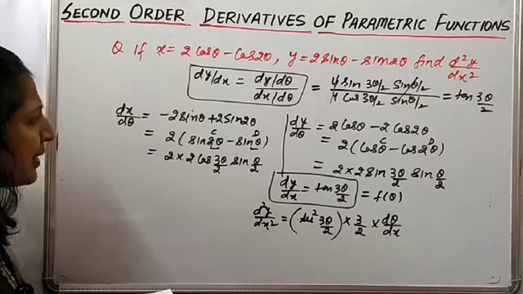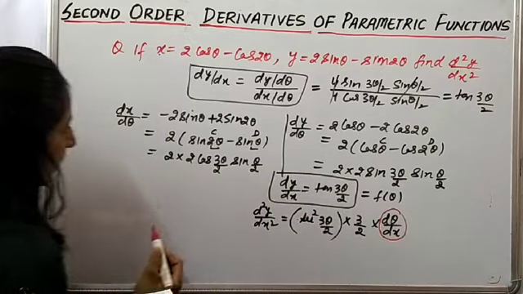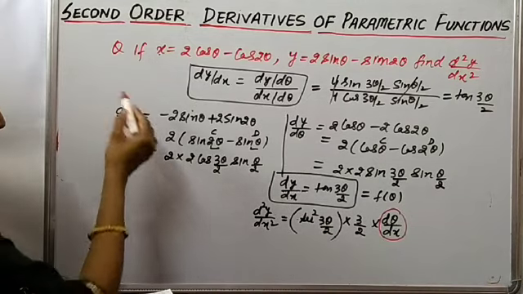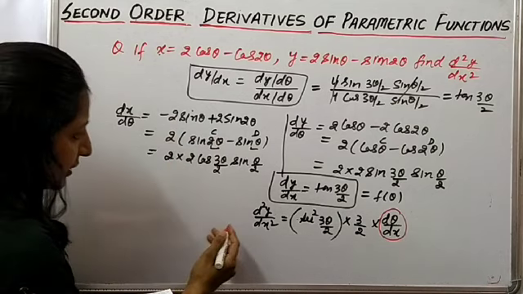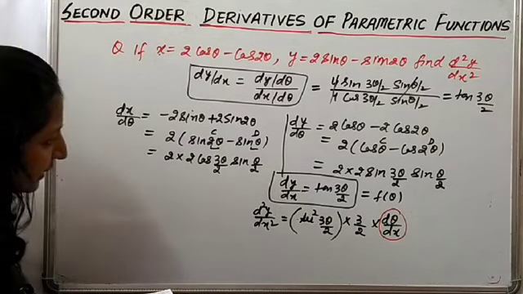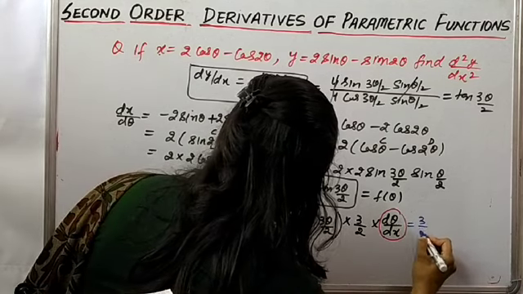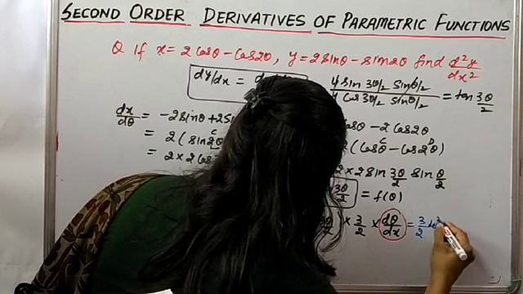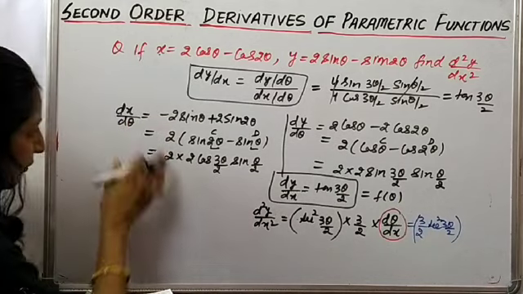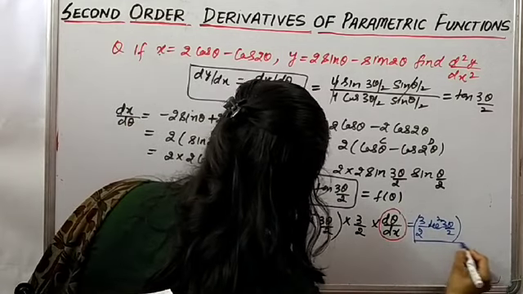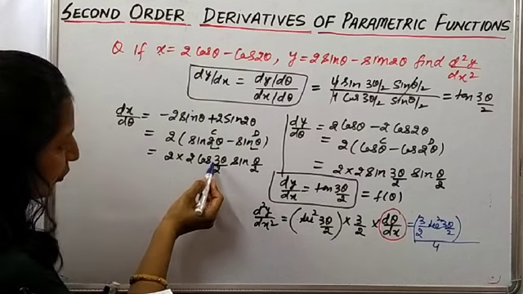The value of d theta by dx we will get from dx by d theta, just its reciprocal. So I will substitute its reciprocal. After substituting, we will get 3 by 2 secant square 3 theta by 2, and its reciprocal will be 1 by 4 cos 3 theta by 2.